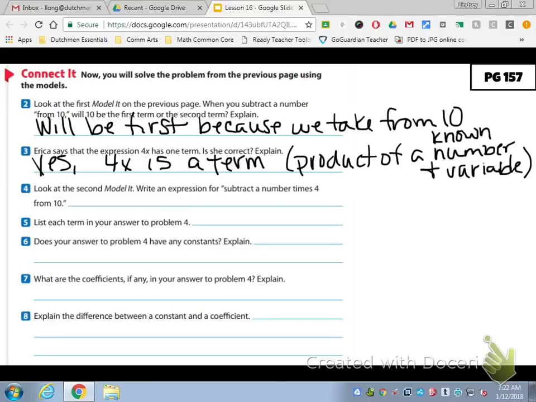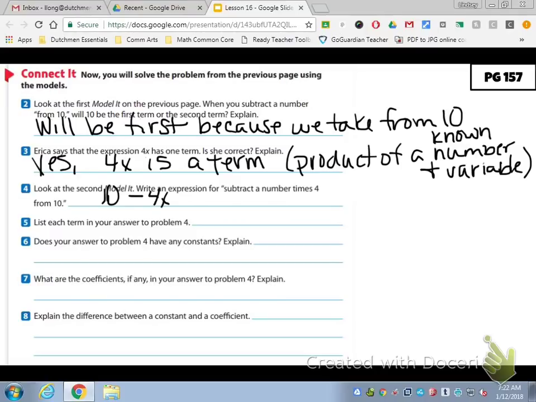Okay, number 4 says, look at the second model. Write an expression for subtract a number times 4 from 10. Well, we did that on the other page. If it says subtract a number times 4, that would be subtracting our 4x, and we're taking it from 10, so we put the 10 first.